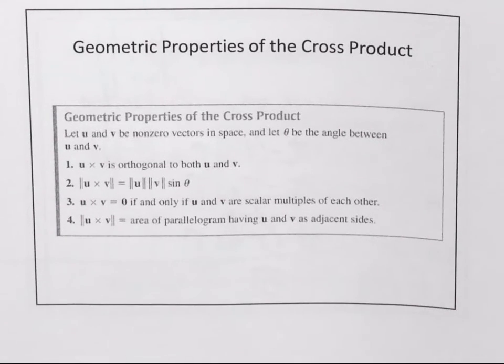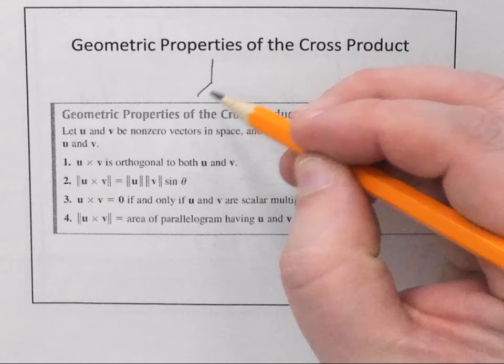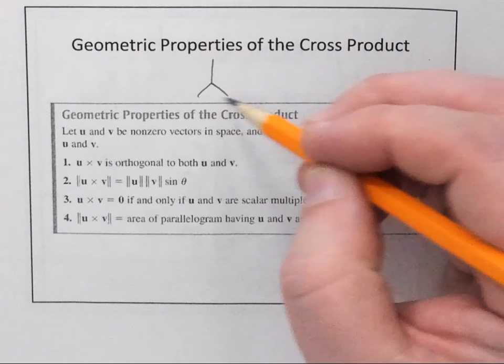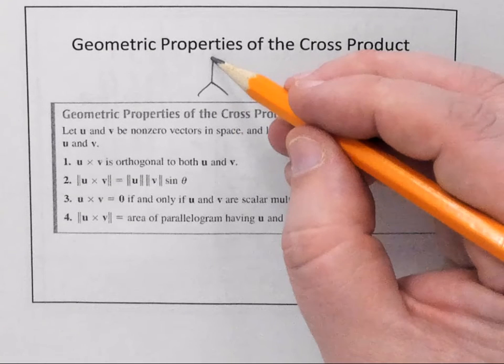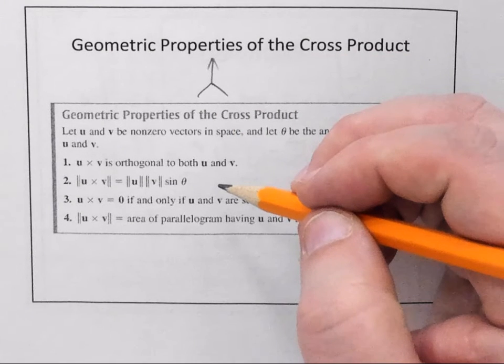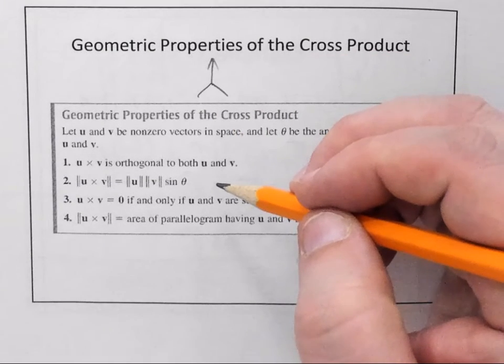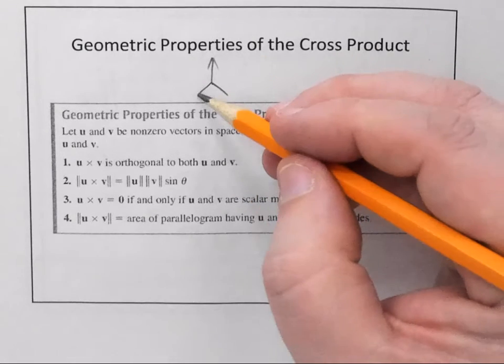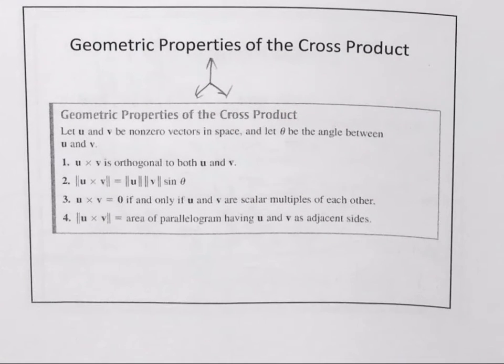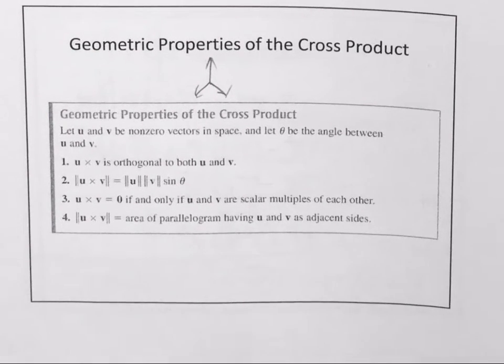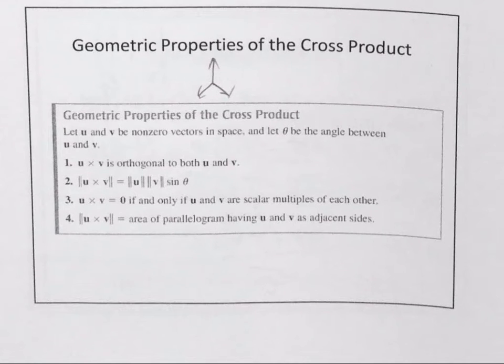If I think about the x-axis and the y-axis, and I were to cross those together, I would generate the z-axis, because it's perpendicular to, or orthogonal to, both of those. It's actually orthogonal to the plane. Whatever plane is formed by those 2 vectors that you're crossing, when you do that cross product, you generate a vector that's orthogonal to that plane.